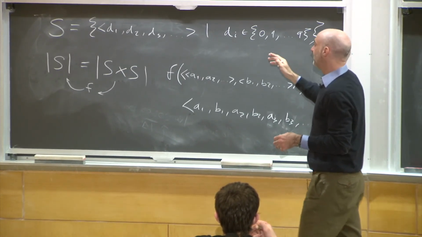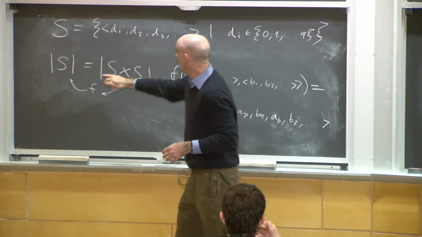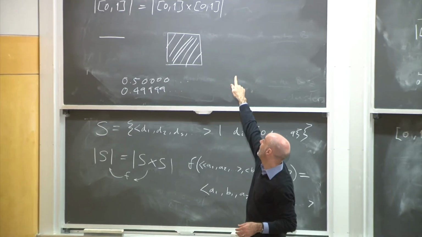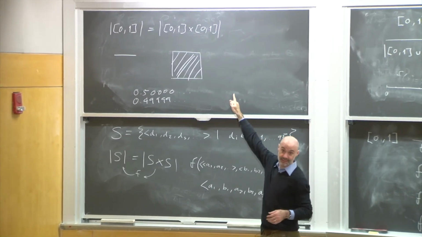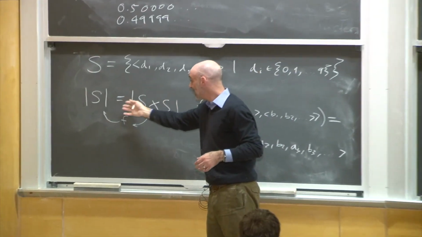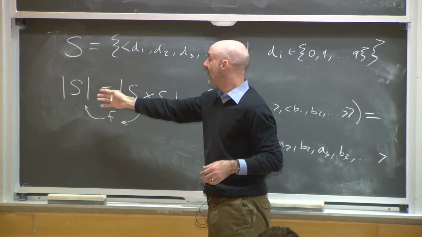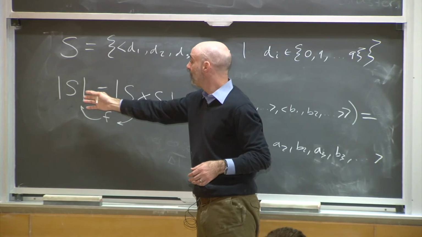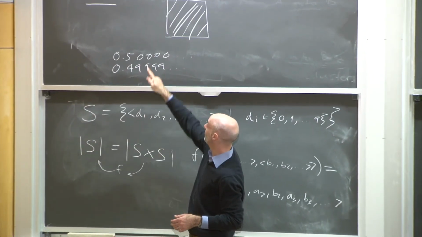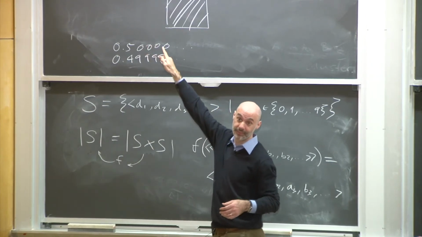We get a problem because S and S cross S aren't really 0,1 and 0,1 cross 0,1. You have some extra things in here because you have two different sequences, for example that sequence and that sequence, that correspond to the same point up there.